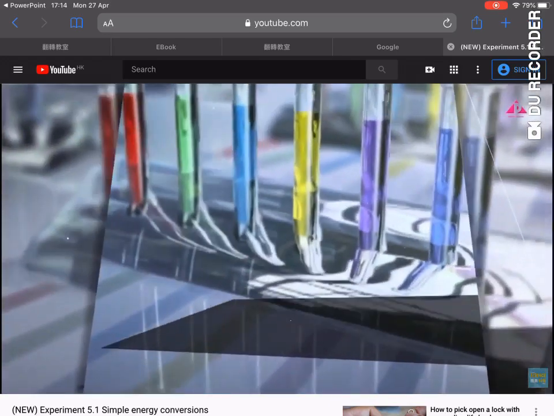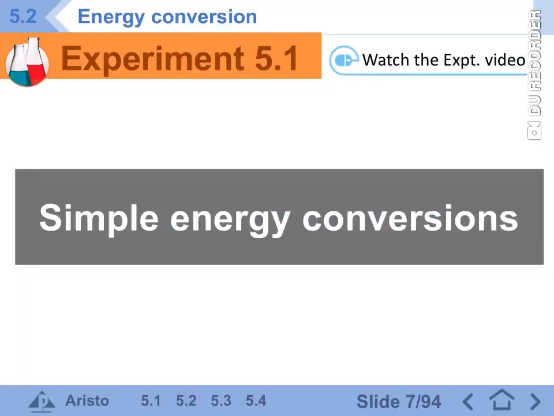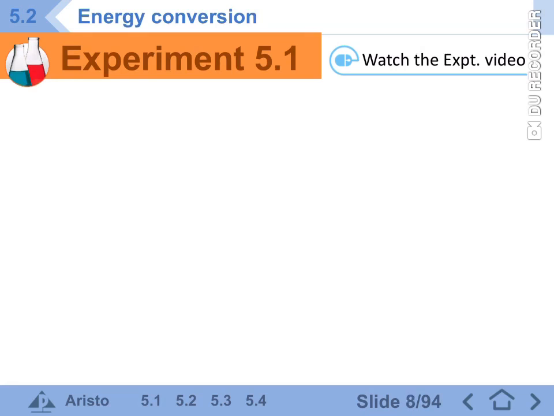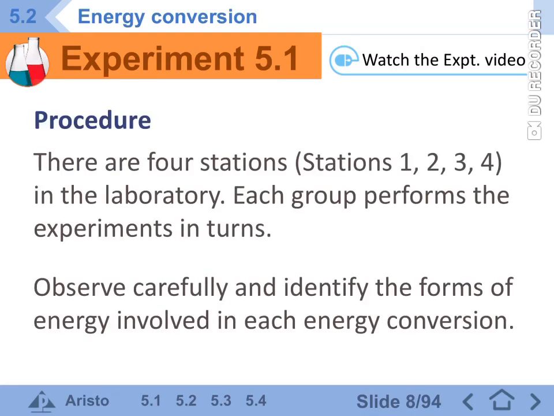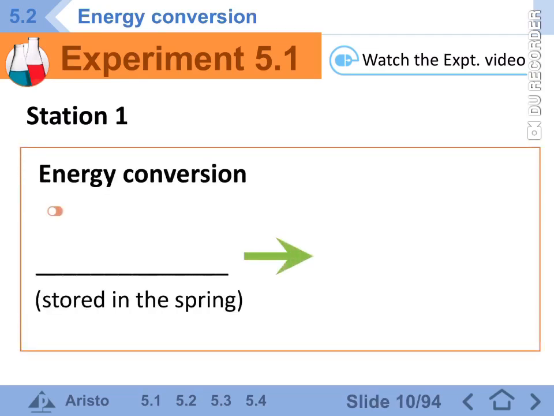Okay, and let's go back to the first part of the experiment here. So in here there are different stations, and the first one is the spring, and we're looking at the trolley.